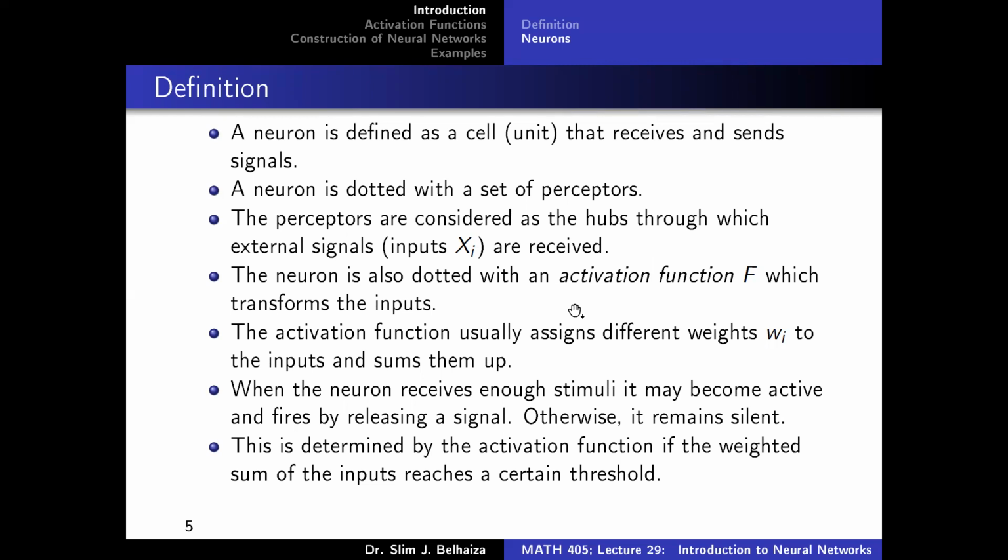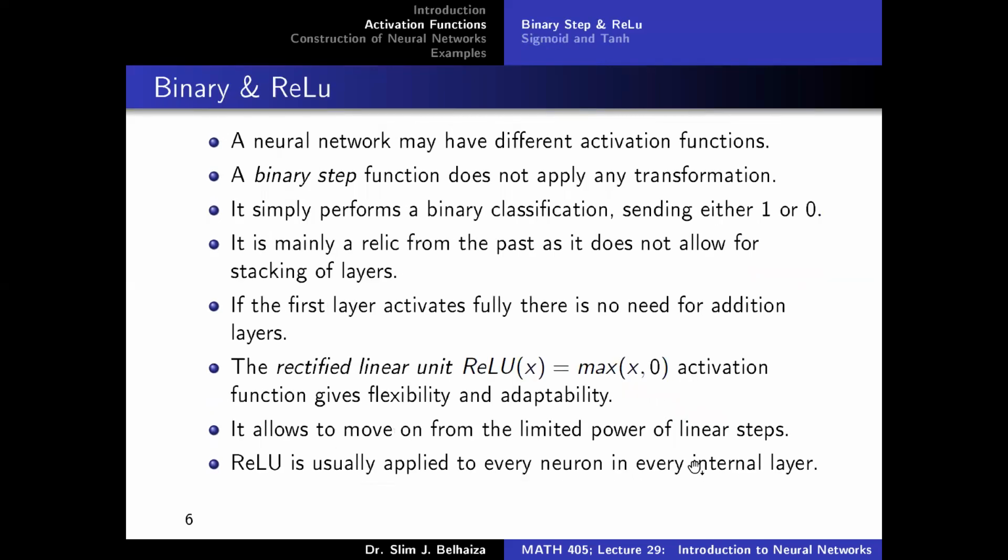The activation function usually assigns different weights, called wi's, to the inputs and sums them up. When the neuron receives enough stimuli, it may become active and fire by releasing a signal, and otherwise it remains silent. This is usually determined by the activation function if the weighted sum of the inputs reaches a certain threshold.